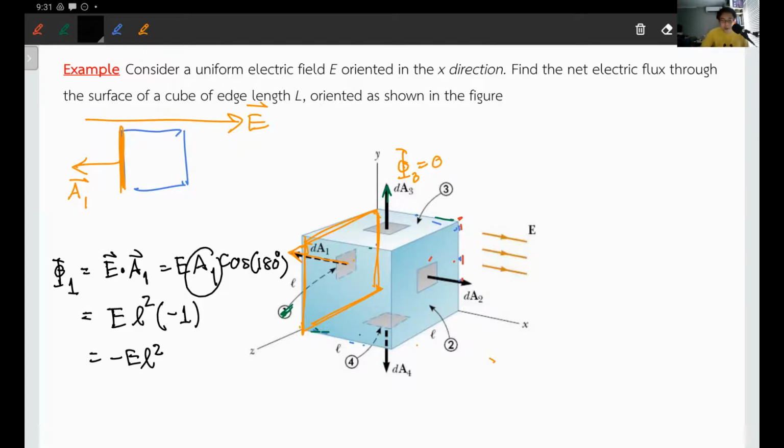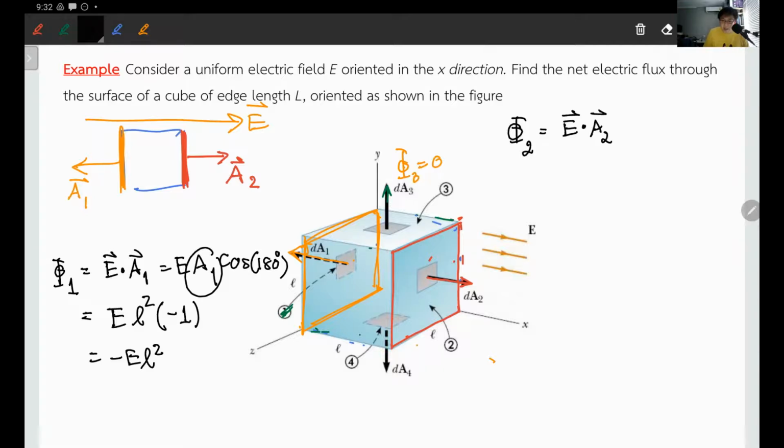Okay, let's do it one more time on the right. That's my red surface here. Now the area vector is going to point perpendicular to this surface. Let me call this A2. Now the flux going through surface number 2 is E dot A sub 2 vector.